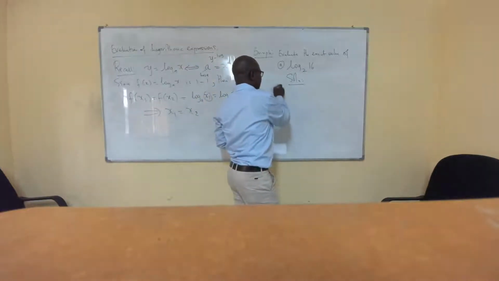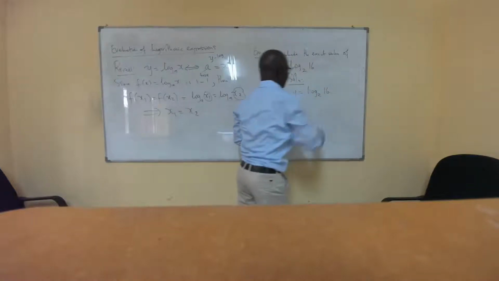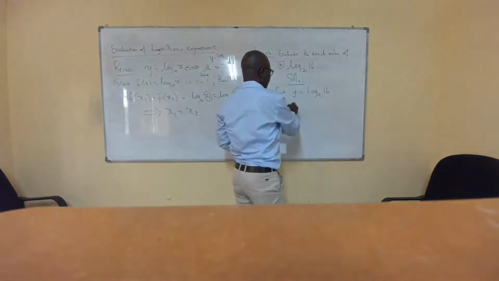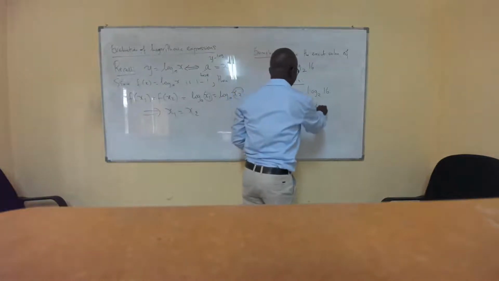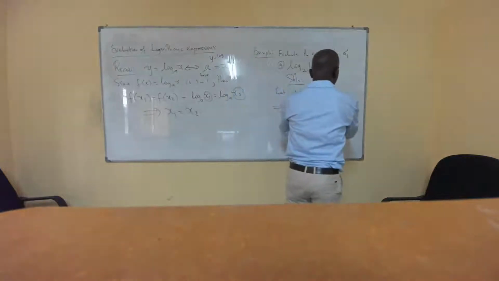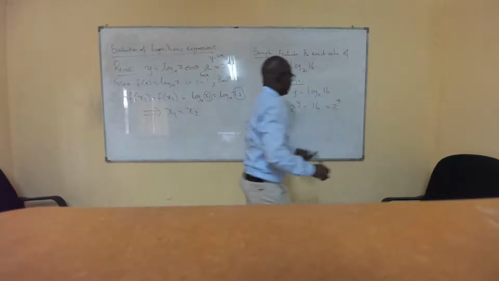Say, okay, let y be the required log. Then we expect to have 2^y should be 16. And this can be written as 2 to the power 4.